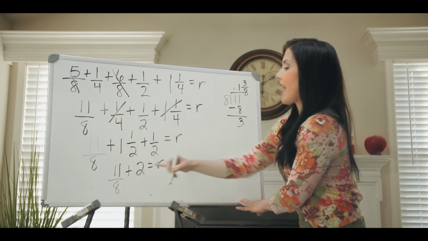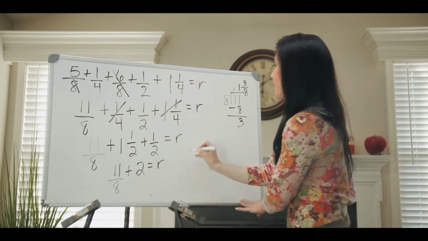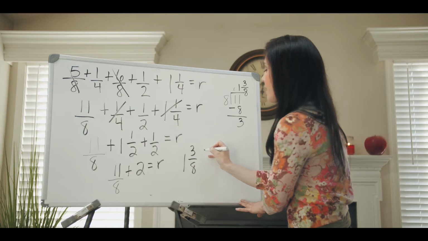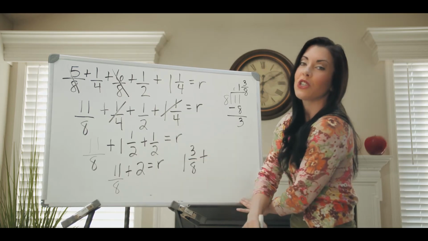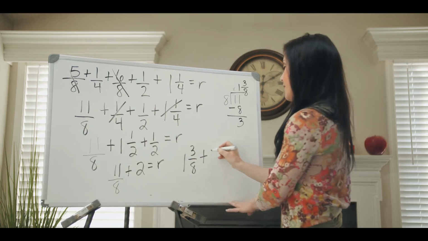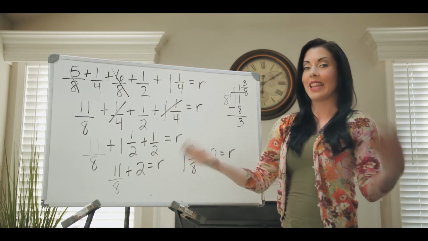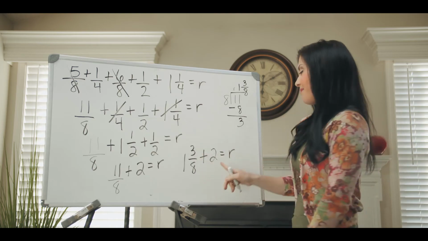So 11/8 as a mixed number is 1 3/8 plus, now all you have to do is tack on that whole number 2 equals R. Okay. Last step, we're almost there.